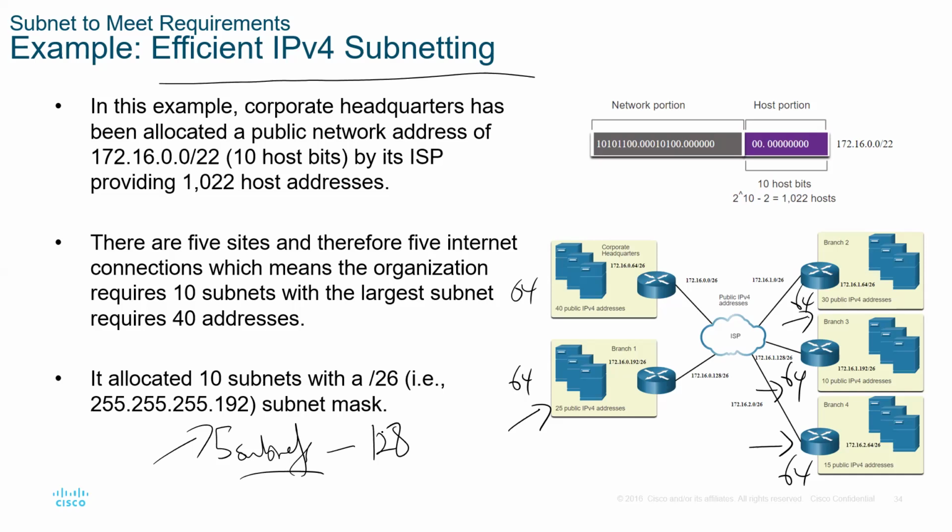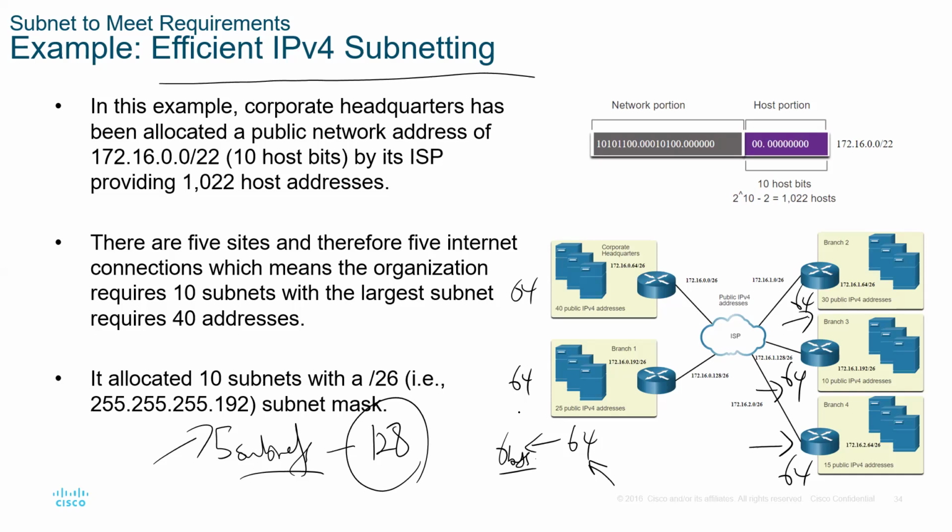That is not efficient subnetting. If you create from the host side and you say, I want 64 addresses, it will mean you are going to use 6 bits from the host. It saves a couple of addresses, much better than 128. It's a better, efficient way.